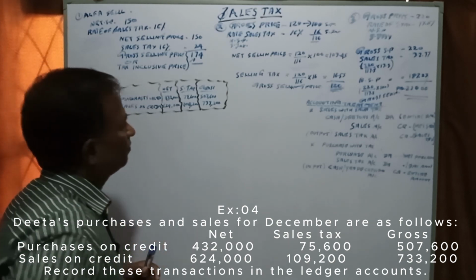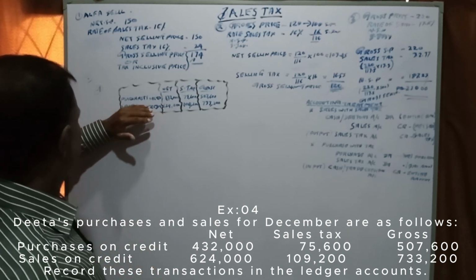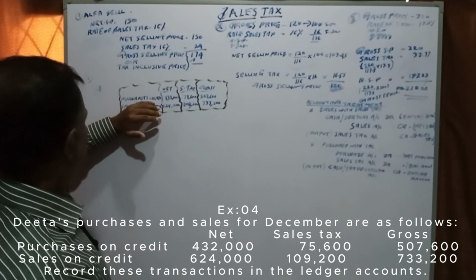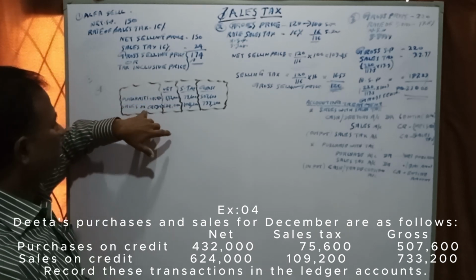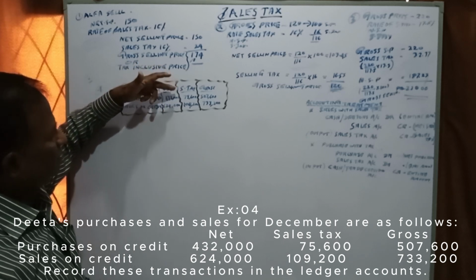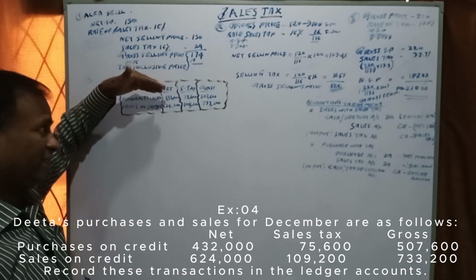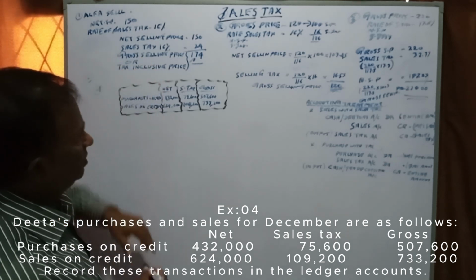Okay, this says purchases on credit basis, right? Sales on credit basis, right? Net sales and sales tax. Net sales is given, sales tax is given, gross sales also given.